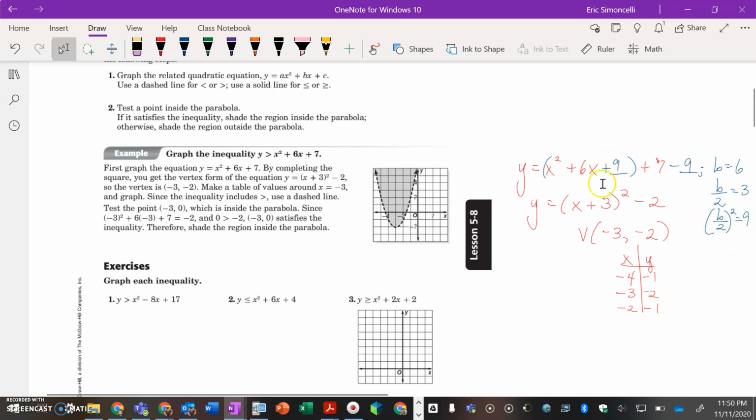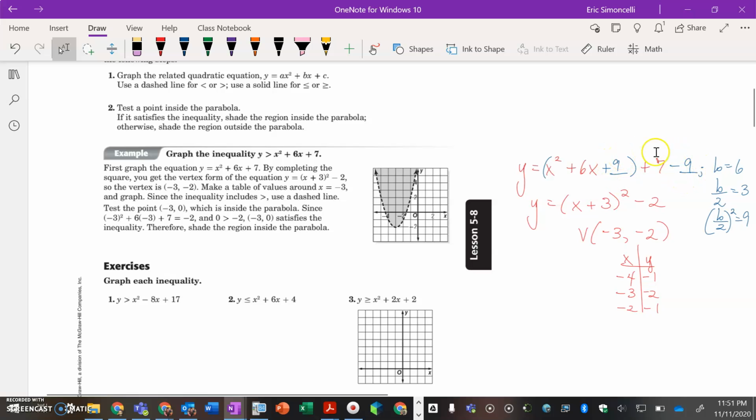This is the blank value that we set up, as well as this blank value, by identifying b as 6, then doing b over 2, dividing 6 by 2, which is 3, and then b divided by 2 squared, which is 9. So in the blank spot, to complete the square fully, we get x squared plus 6x plus 9.